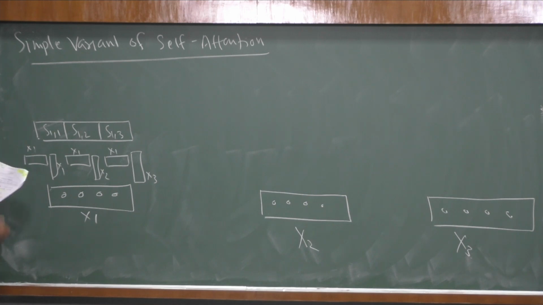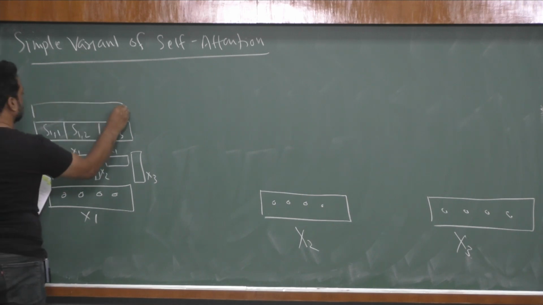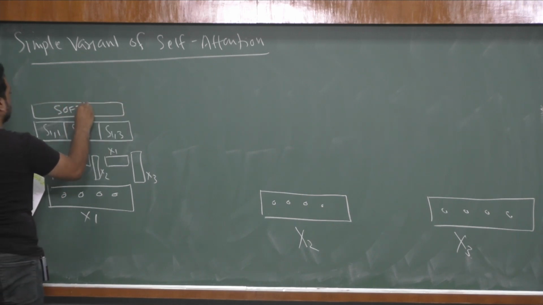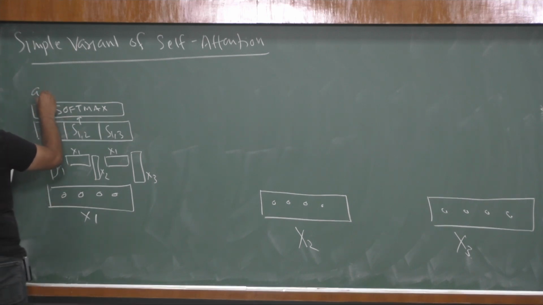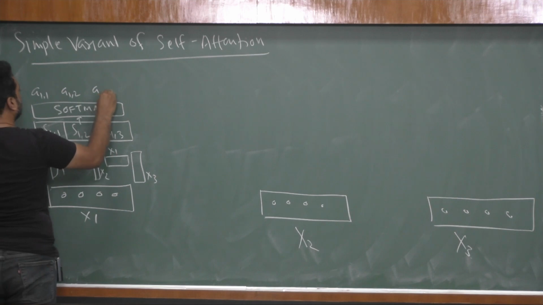And then I apply softmax. As you know, softmax takes a vector, in this case of length 3, and gives you probabilities, or the attention weights in our case. So this is A11, A12, A13.